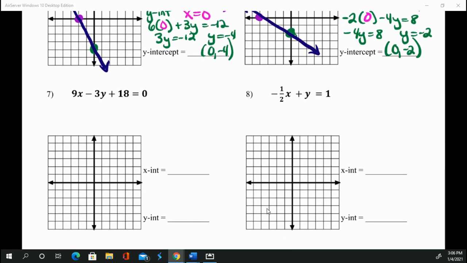Seven, we want to first write this equation in standard form. So to do so, we're going to subtract 18. And again, first find the x-intercept, so substitute y equals 0.